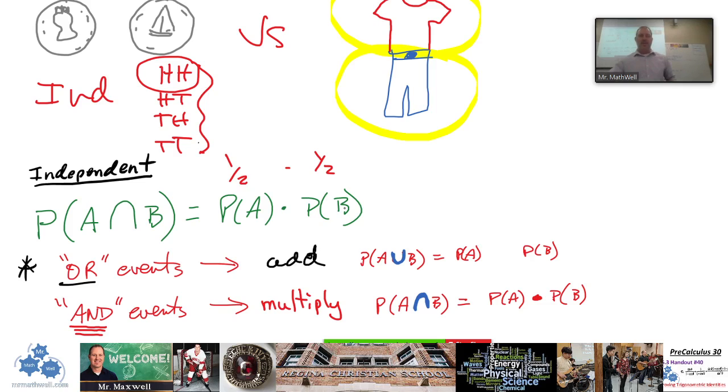If we're talking about independent events and we're trying to do OR, this is like two separate circles in the Venn diagram, right? They're mutually exclusive events. They're separate, they're independent. You can just add them. So OR events we can add, and AND events we can multiply.